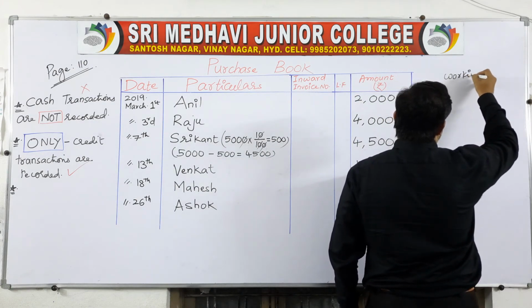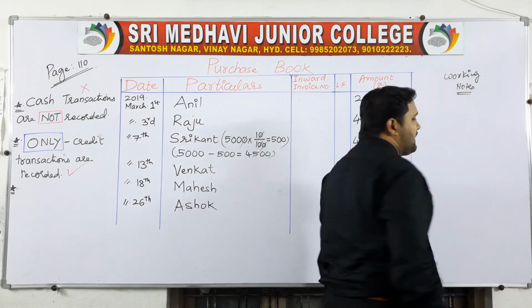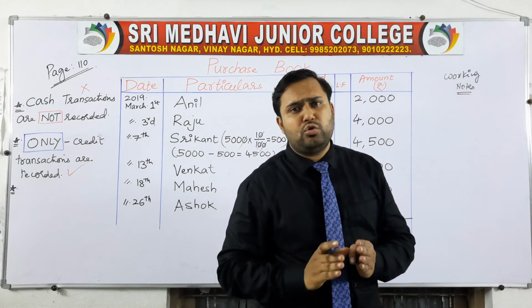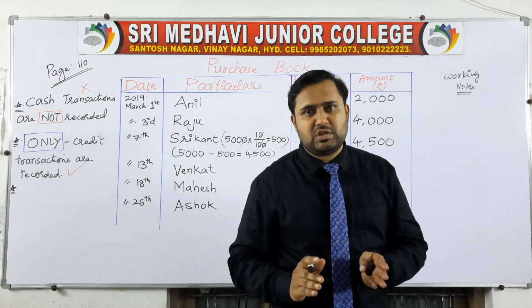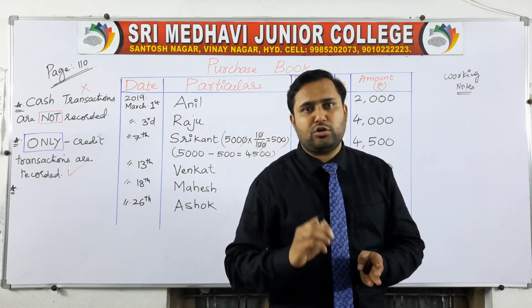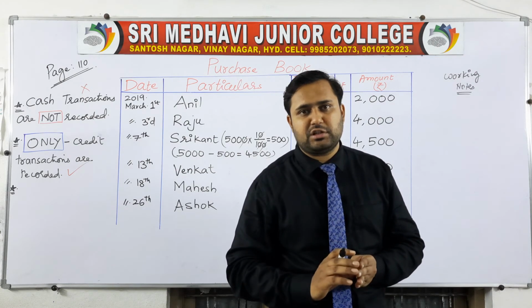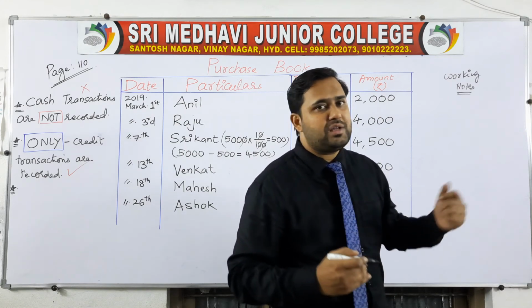This is nothing but working notes, in which under any circumstances, at any cost, do not use a calculator. You are not allowed to use a calculator in the intermediate examination. So try to calculate on your own and do the calculation manually.